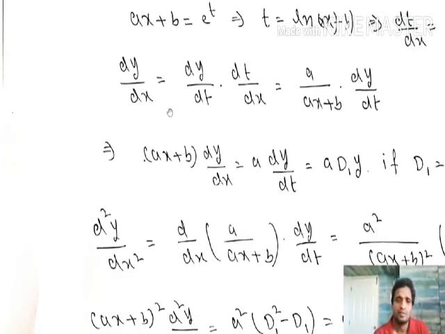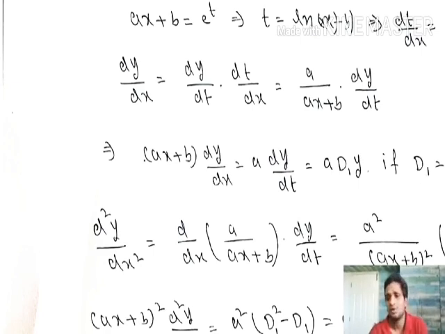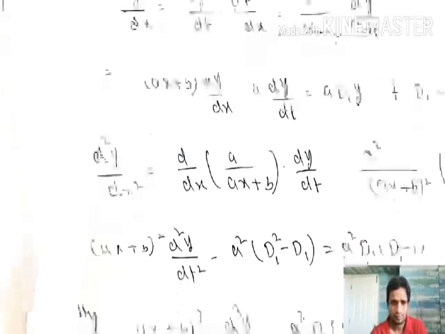If we cross multiply, (ax plus b) dy by dx equals a dy by dt. I am writing this as a D_1 y, same as in the last problem, where in the last class we assumed D_1 equals d by dt.